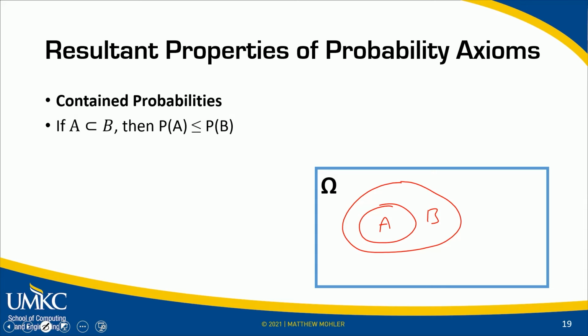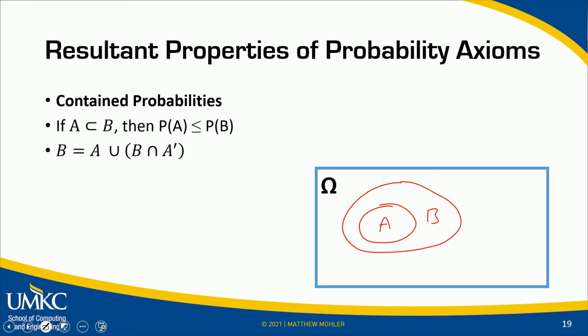And so, again, from this, we're going to try and show that if A is a subset of B, then the probability of A must be less than or equal to that of B. So another way to look at this is to say that B is ultimately A plus the union of B intersected with A complement.